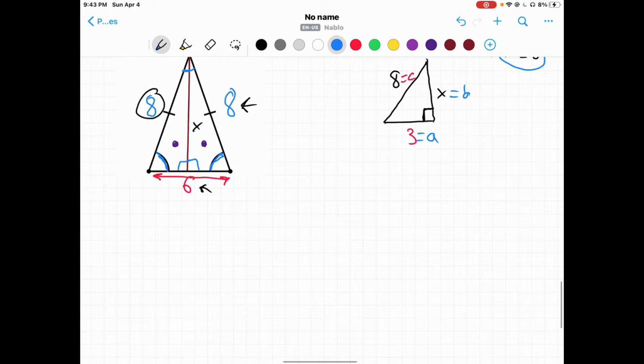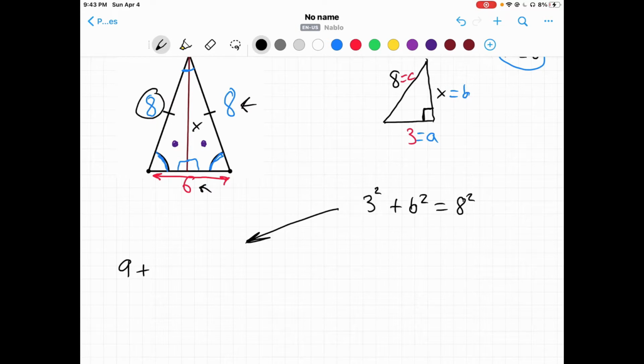So we would now have 3 squared, which is A squared, plus B squared equals 8 squared, since it's C squared. Now we would simplify this right here, and we would get 9 plus B squared is equal to 64.